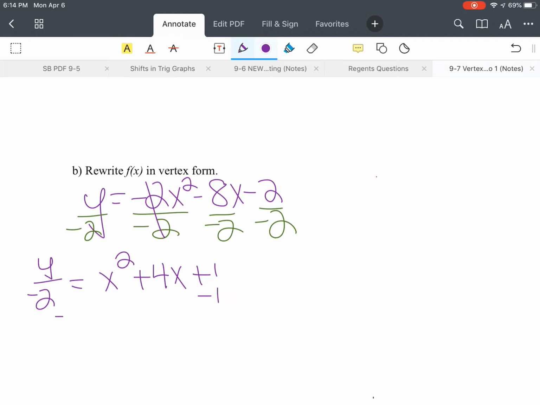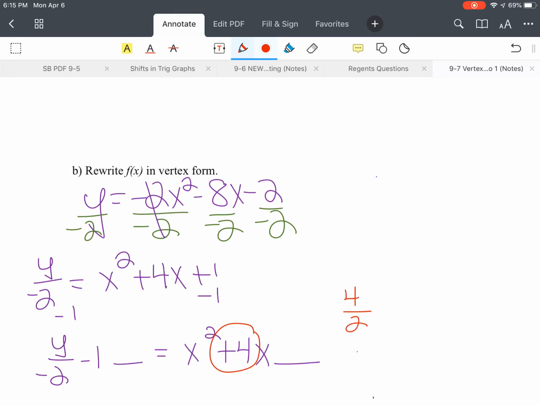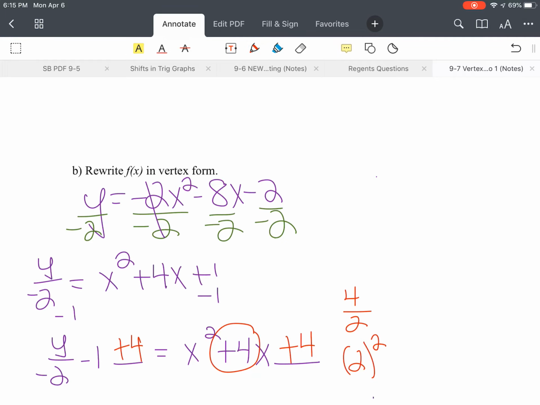I'm going to bring the 1 to the other side. And then I need to figure out what I'm going to add to both sides. Well, we're going to take half of this 4, which is 2, and we are going to square that. So I'm going to add 4 to both sides.